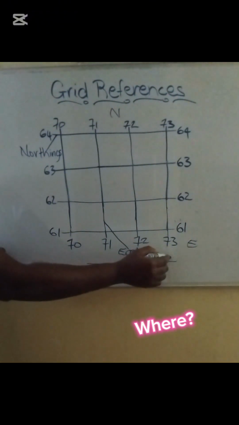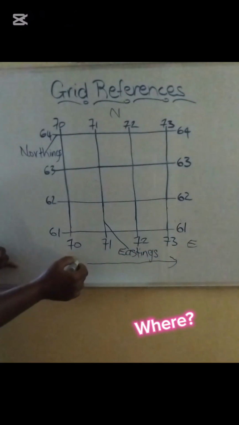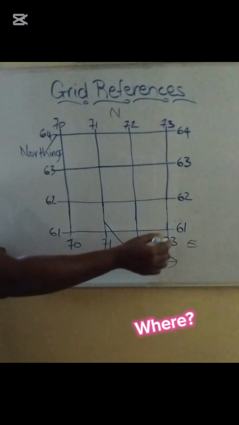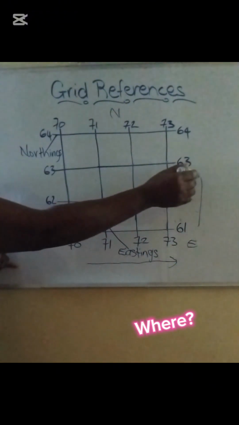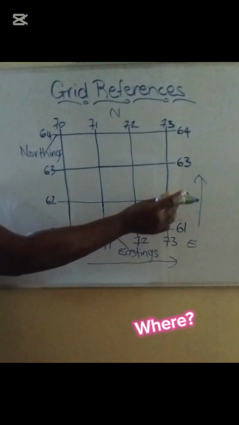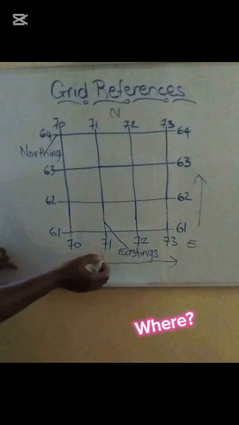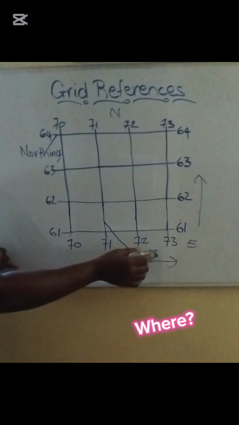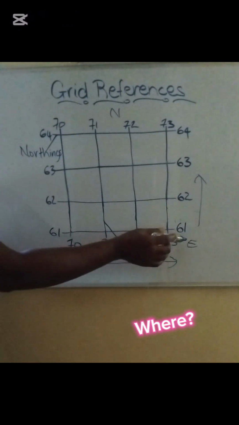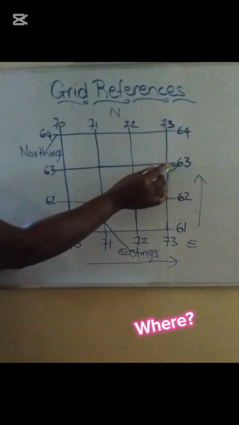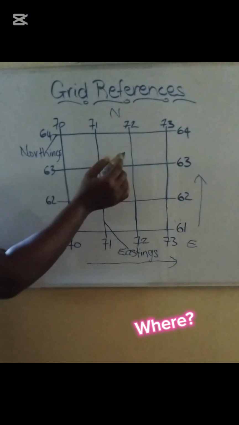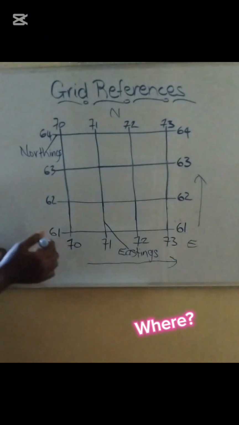So to help you to remember, to give the eastings first, just remember along the corridor and then up the stairs. Okay? So along the corridor for the eastings, you give that first, and then you work with the northings, the horizontal lines, up the stairs.